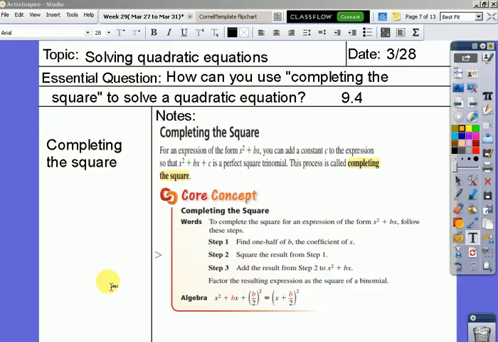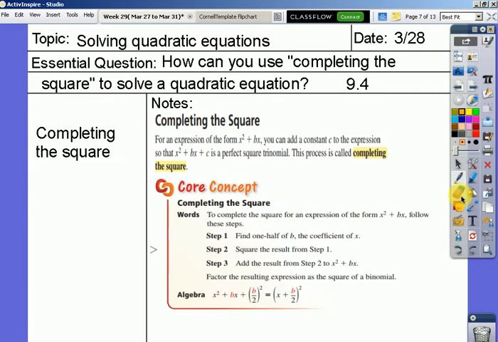That core concept is re-explaining what I went over in the bell work. So it says find 1/2 of b, the coefficient of x. So if we look back at our first example, and you don't have to write this down, you can continue writing down the core concept if you're in class writing this down. But I'm just going to explain verbally, again, what we did with just the first example.